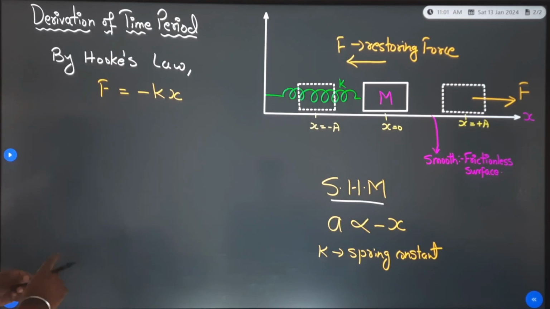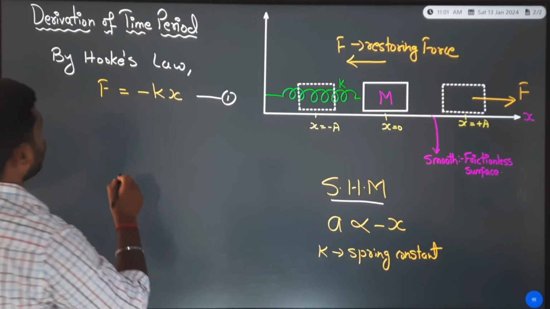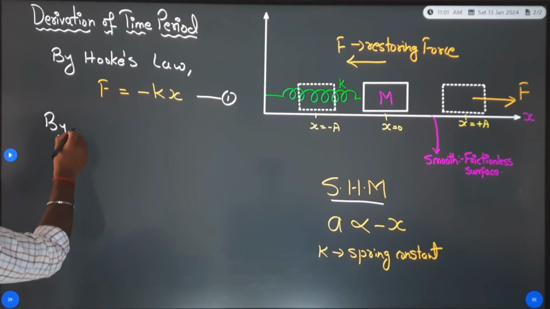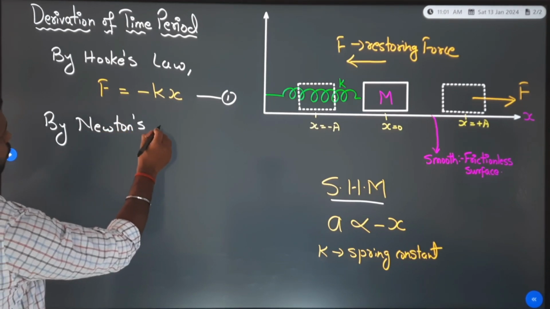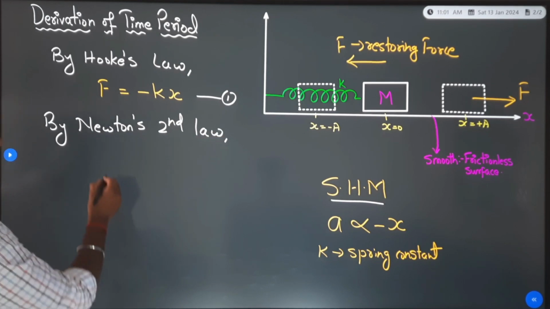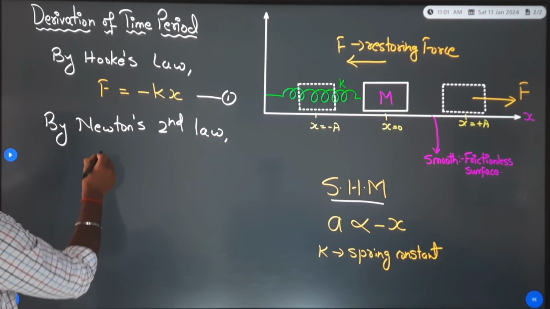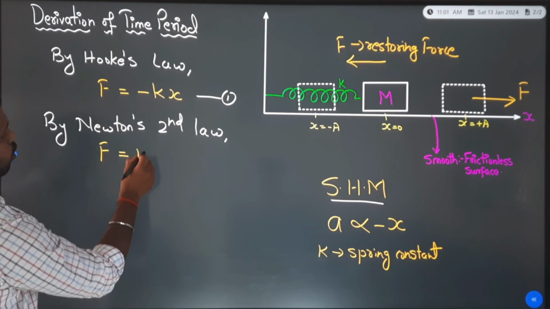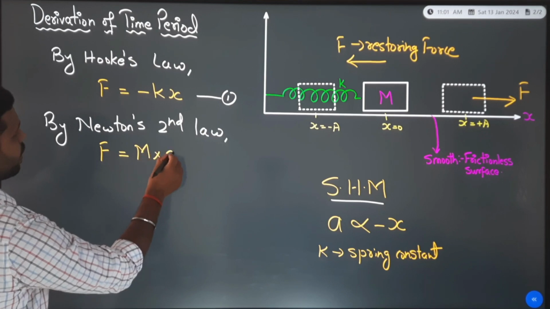Now, by Newton's second law of motion, we know that the force acting on any body is equal to the mass of that body multiplied by acceleration.